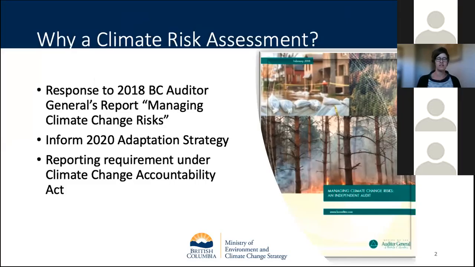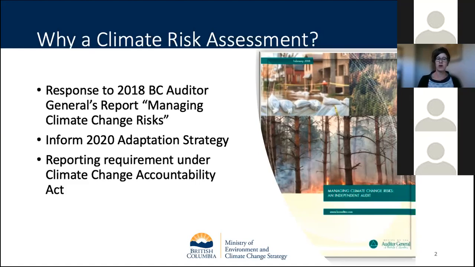This risk assessment was also a response to a subsequent report from Chief Maureen Chapman and George Abbott, looking at the risks of wildfire and flooding, recent risks. We've had significant wildfires and floods in the last few years in British Columbia, and it was in response to that report as well.